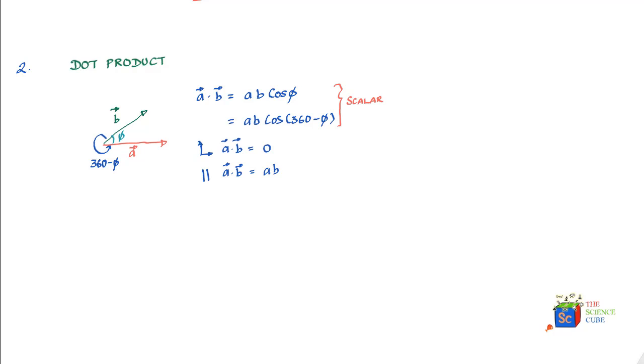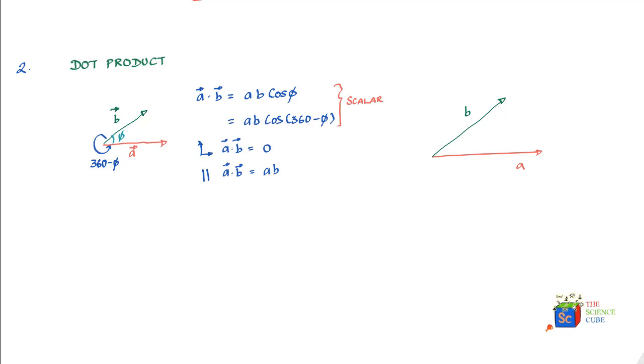What you can also observe is, let's make a magnified drawing of these two vectors. So you have vector A here and you have vector B here.